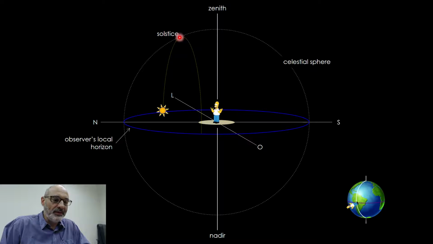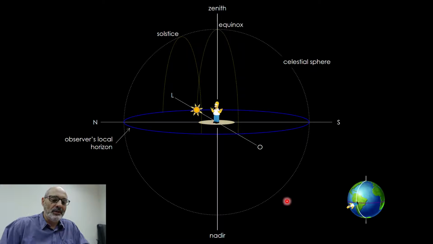When our observer observes the sun on this particular day, the solstice, he sees the sun rising on the horizon here from the east. It goes up to 12 o'clock here, and then it sets on the other side of the horizon. This is the solstice, so the sun is the farthest, that's the maximum inclination.